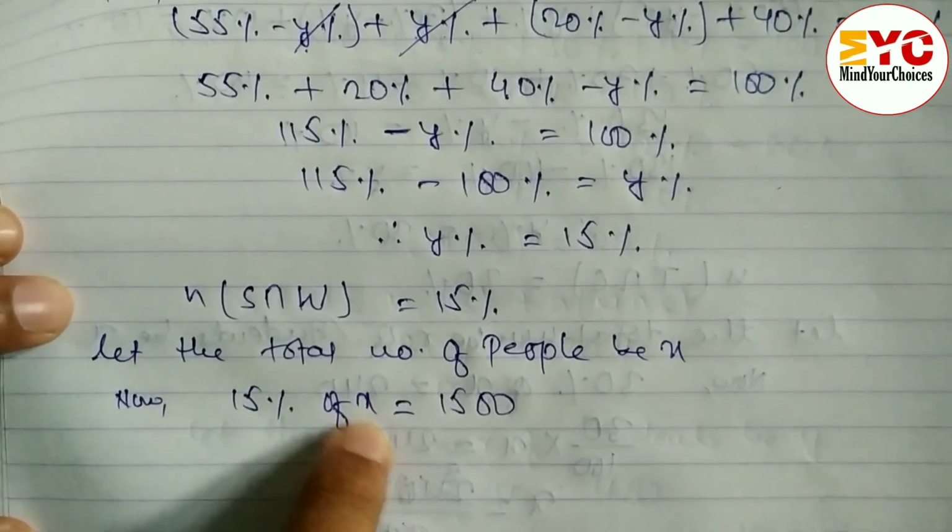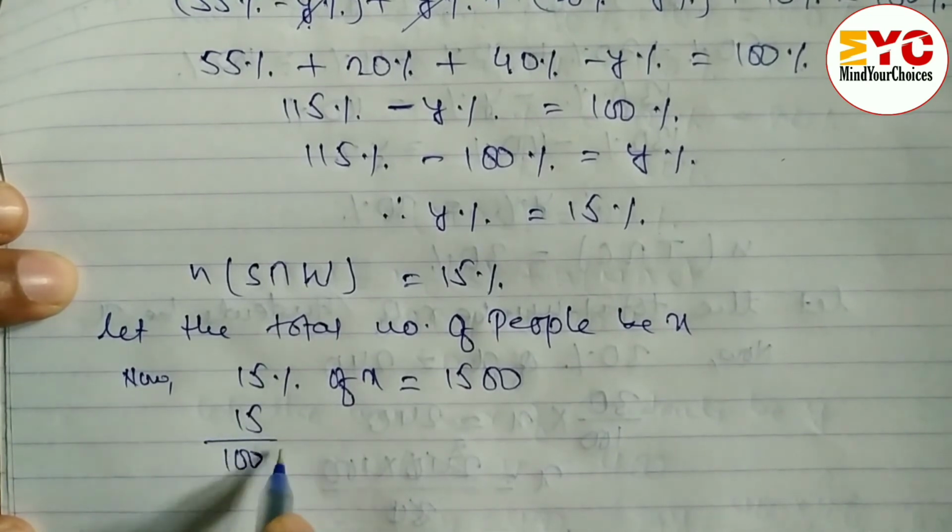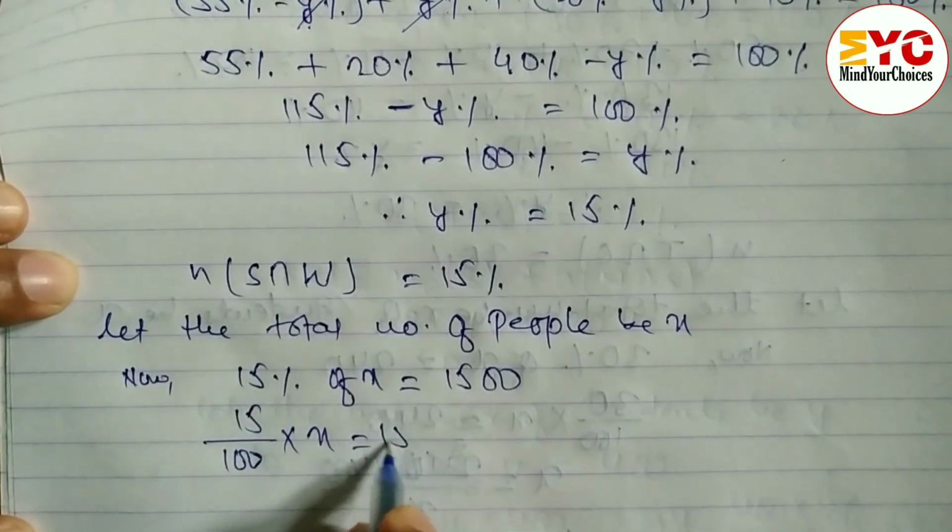So we can write 15 by 100 into x is equal to 1500.